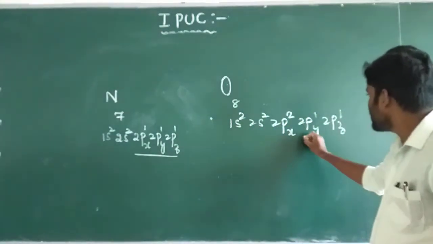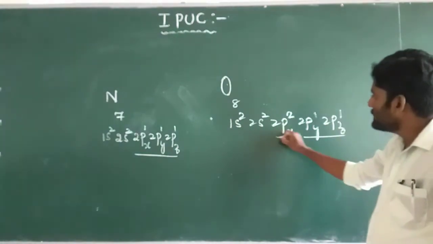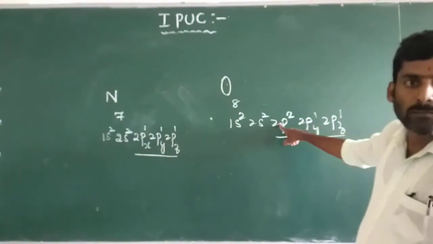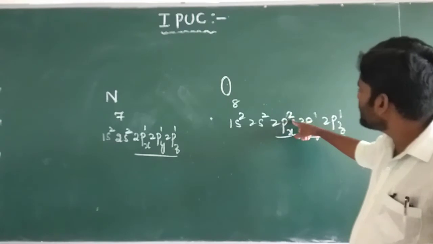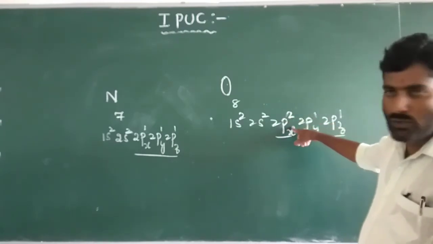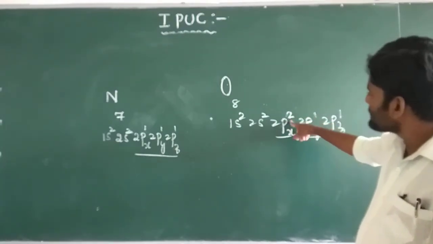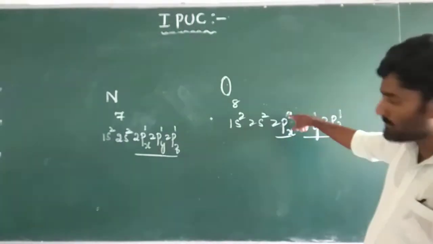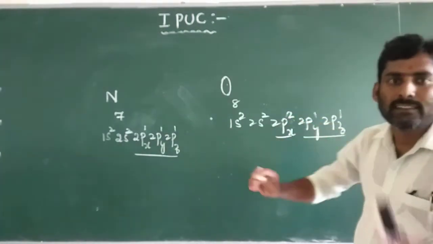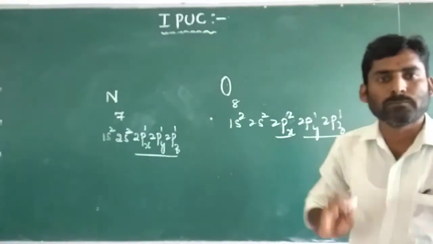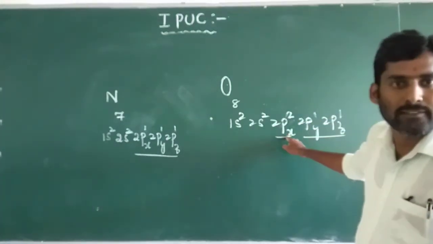In the case of the oxygen atom, one of the 2p orbitals is completely filled, that is 2px2. Because of the presence of a completely filled, that means paired, orbital, electron repulsion is more in the 2px level.